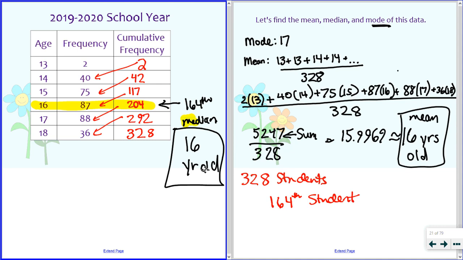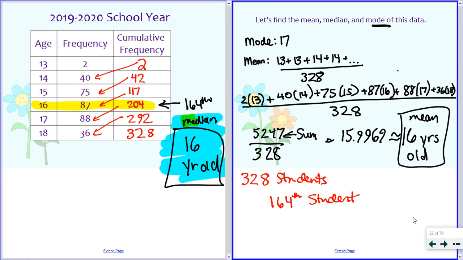So here's one answer. Our median is 16. And then our mean is also 16. And our mode is 17. So I think the hardest of these to imagine is the median when these numbers are really high.